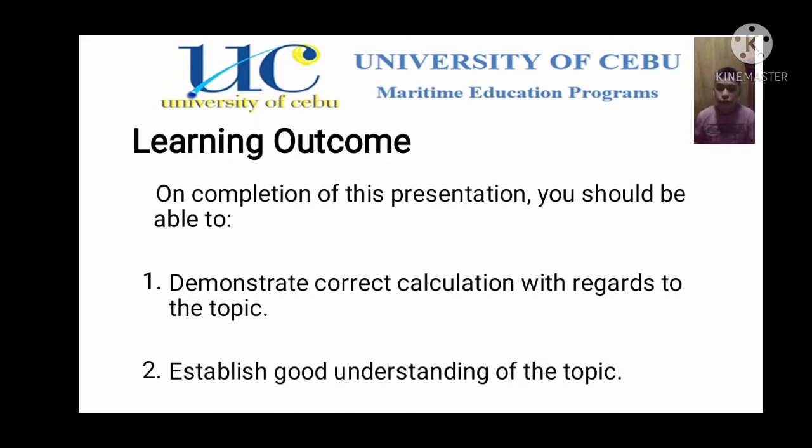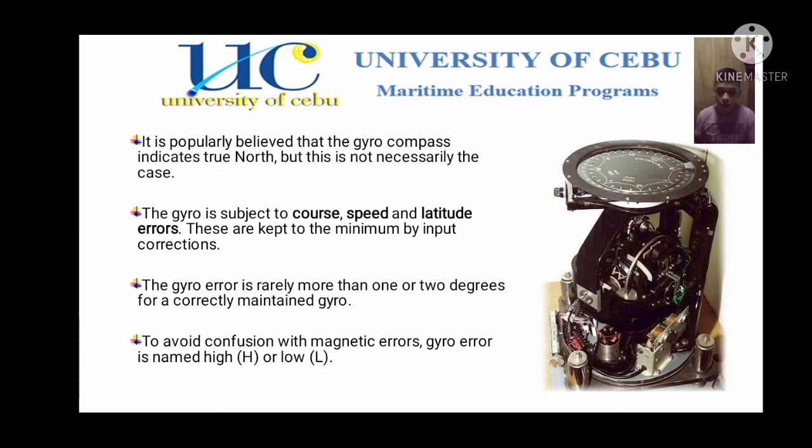So, without further ado, let me argue with you that it is popularly believed that the gyro compass indicates true north, but this is not necessarily the case. The gyro compass is subject to three errors: course, speed, and latitude error, and this is kept to a minimum by input and through corrections.